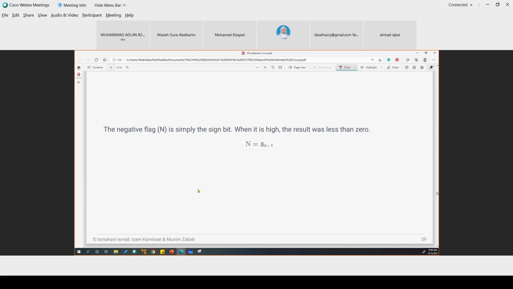And this is for the negative flag. For the negative flag, we check the sign bit. When the sign bit is 1, like in our 2's complement, the number is actually less than 0 because it is a negative number. So the N flag will be set.